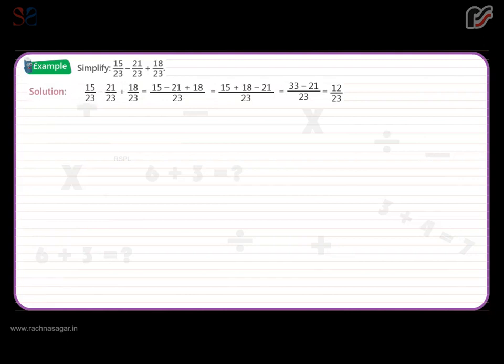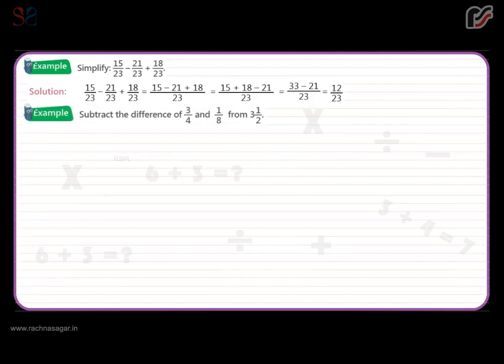Solution: 15 upon 23 minus 21 upon 23 plus 18 upon 23 is equal to (15 minus 21 plus 18) upon 23, which is equal to (15 plus 18 minus 21) upon 23, which is equal to (33 minus 21) upon 23, which is equal to 12 upon 23.